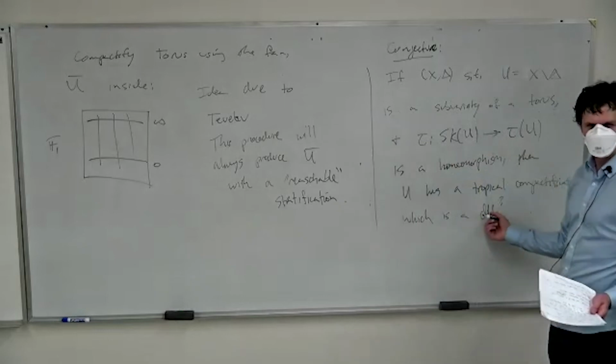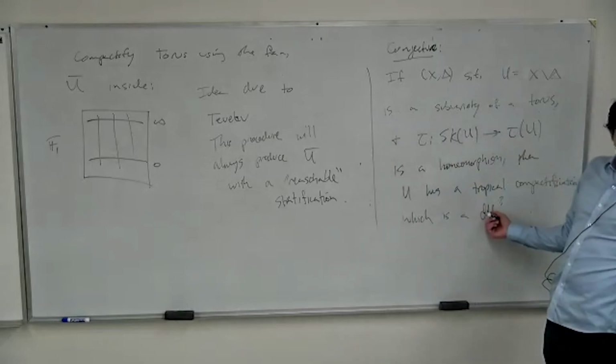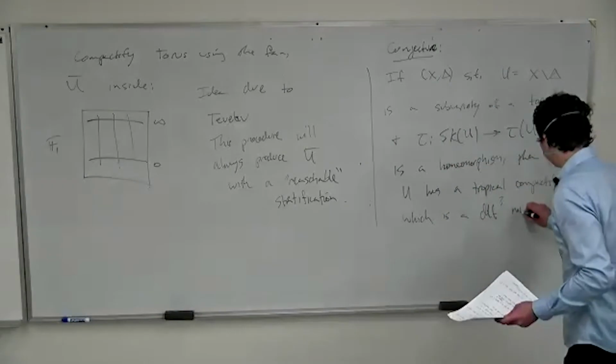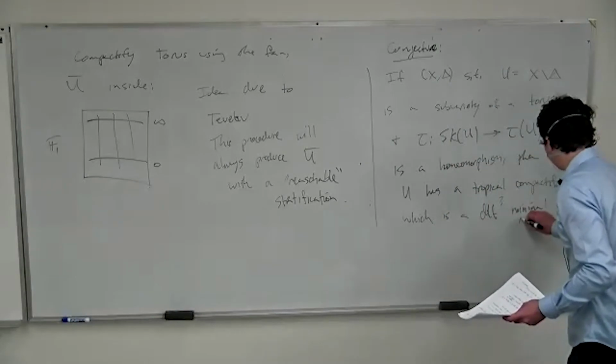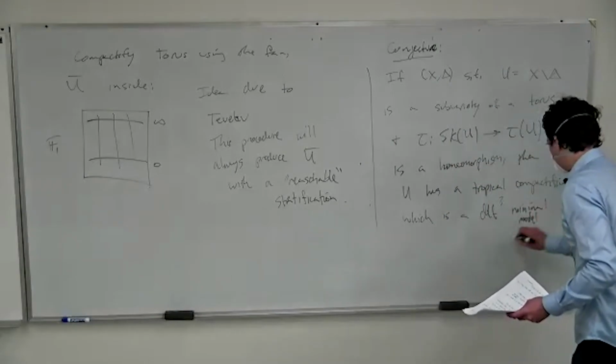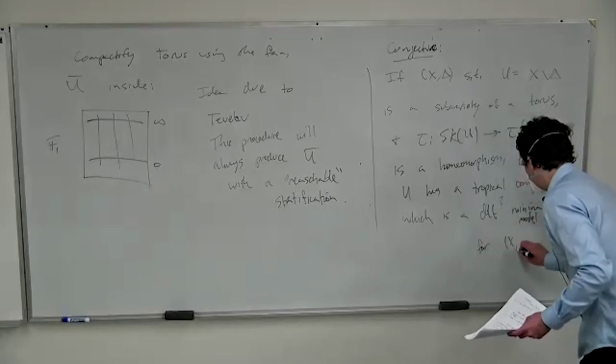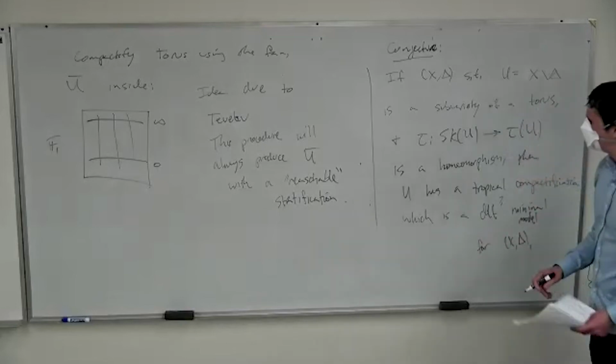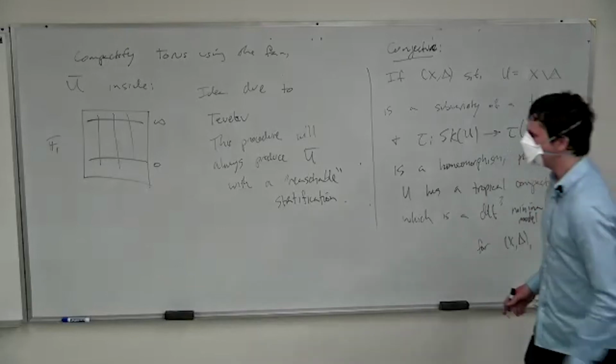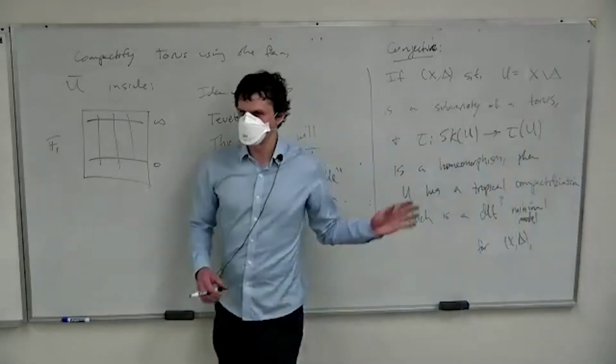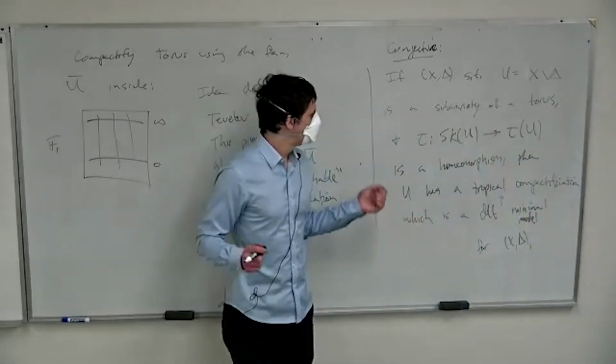This is the most important part, but it's also the most speculative part. This is some sort of minimal model for x delta.